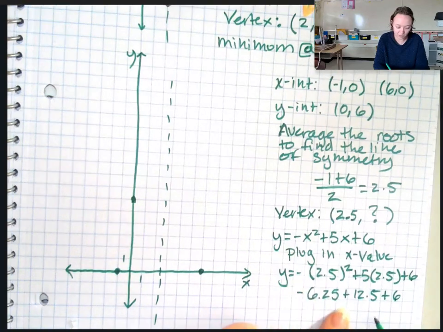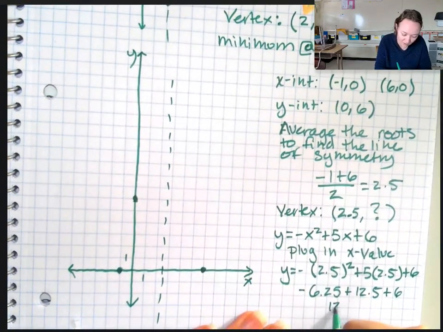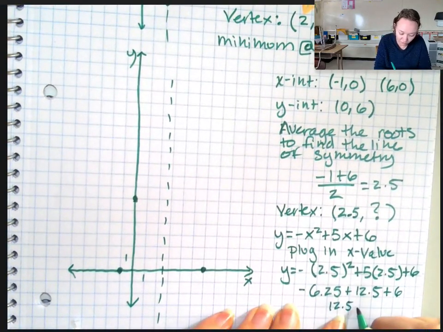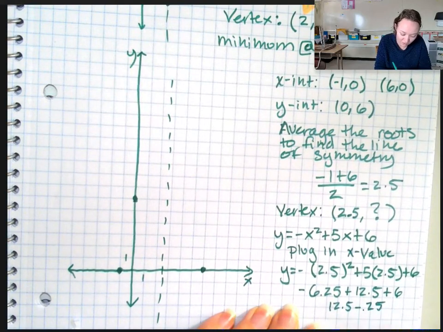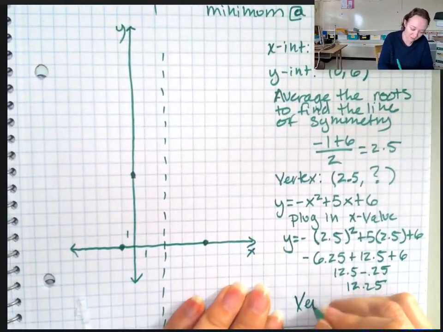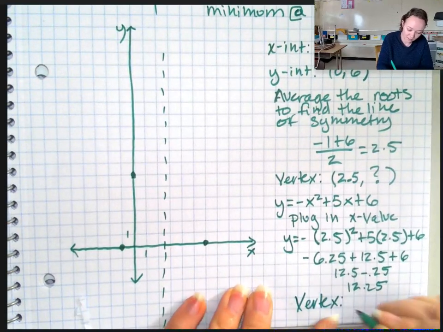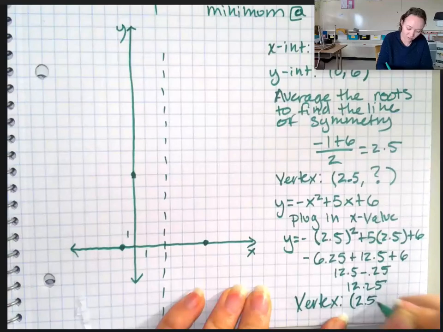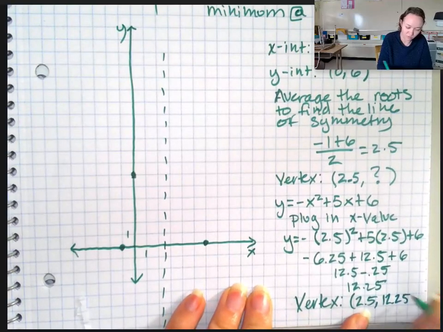And then I can simplify this further. So that's 12.5 minus 0.25. So that's 12.25. So that means that my vertex is at (2.5, 12.25).